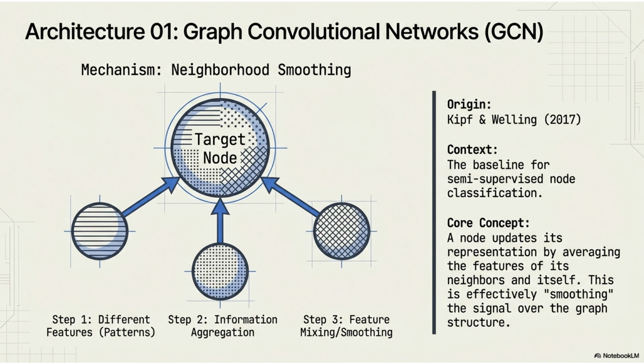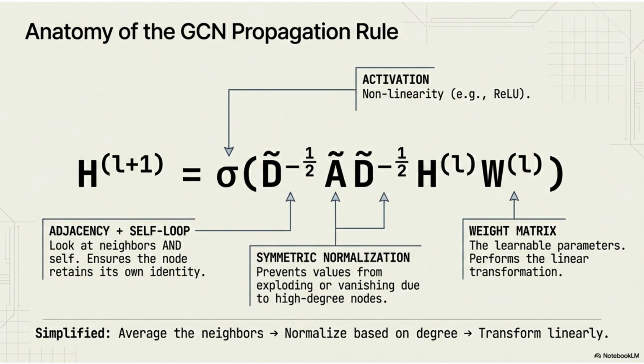In the second step, information aggregation, and the third is feature smoothing. Here we show the anatomy of the graph convolutional network propagation rule. It simplifies by averaging the neighbors and normalizing based on degree, followed by a linear transformation.